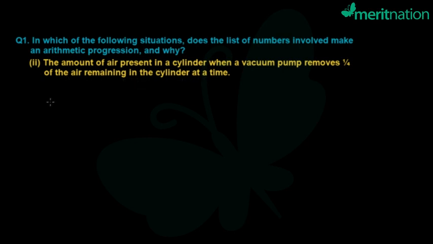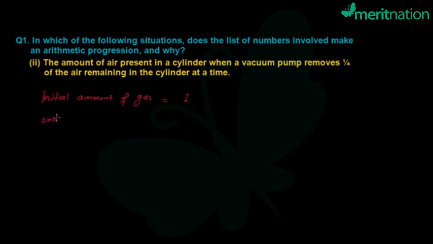Okay, at a time means first time, the initial amount of gas was, suppose 1 liter or whatever. I'm not mentioning here the unit, just 1, because everything as a whole is considered to be 1. So let's assume the gas total as a whole is 1.